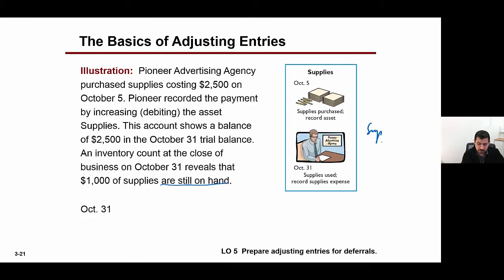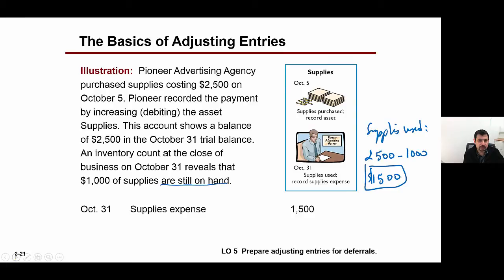The supplies used are 2,500 minus the 1,000 that remains, which is $1,500. This is the amount that was used during the month of October. As a result, we need to increase supplies expense by $1,500. So we debit supplies expense $1,500 and the asset account supplies decreased by $1,500. As a result, we credited supplies $1,500, and that would be the adjusting entry.